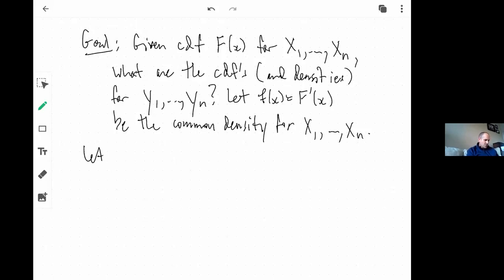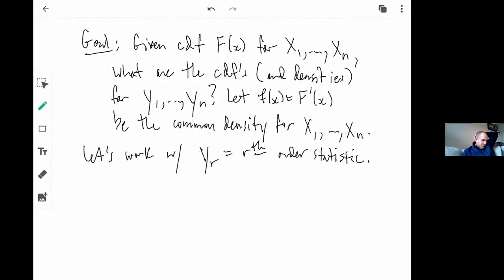So let's work with y sub r, which is equal to the rth order statistic. Let g sub r of y equal the probability that y sub r is less than y.